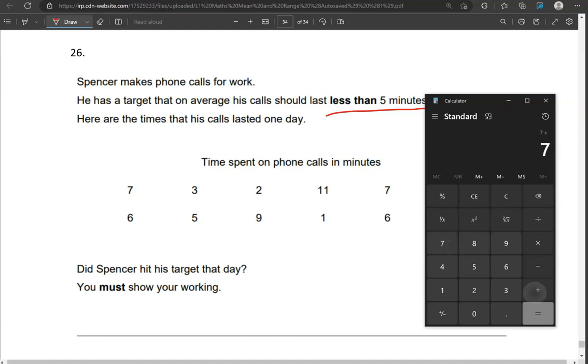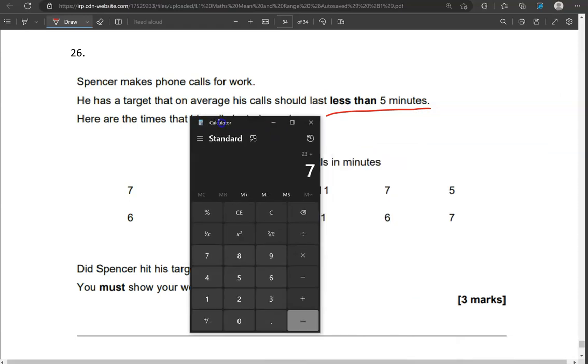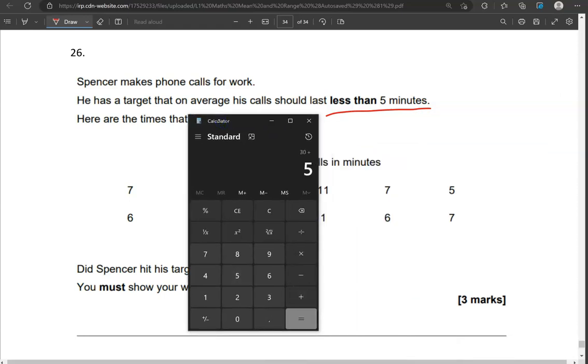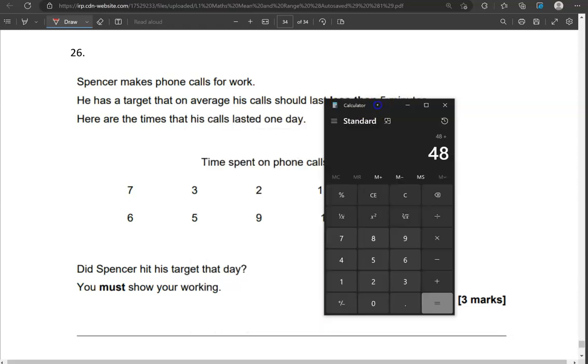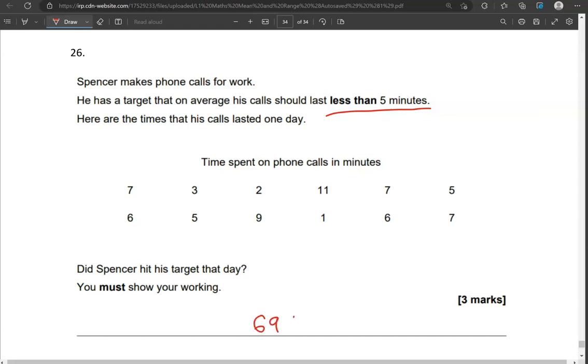So 7, add 3, add 2, add 11, add 7, add 5, add 7, add 6, add 1, add 9, add 5, add 6, gives us 69 in total, and we can divide this by 6 times 2, that is 12.